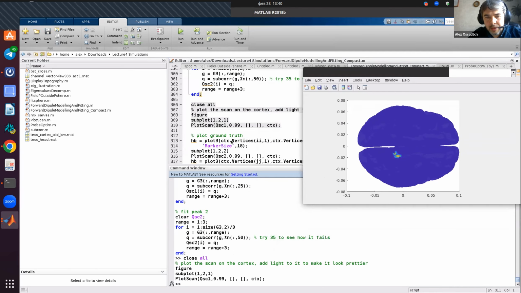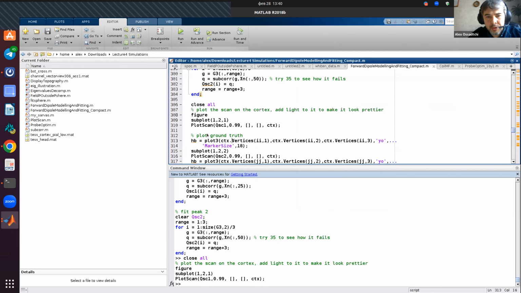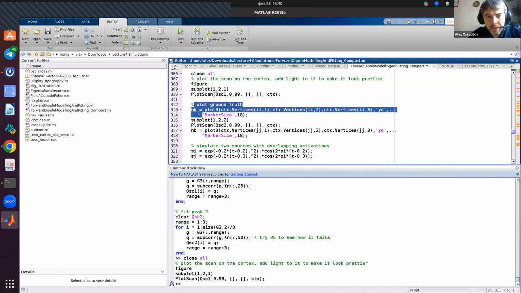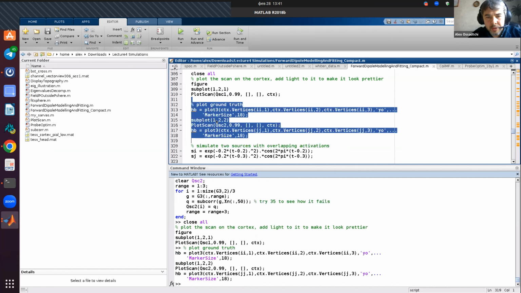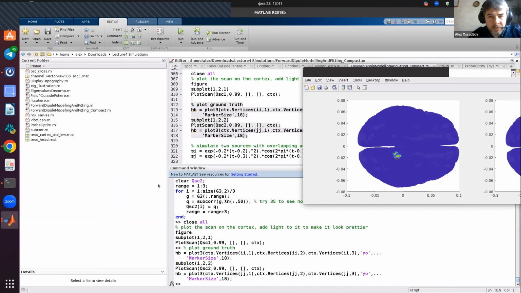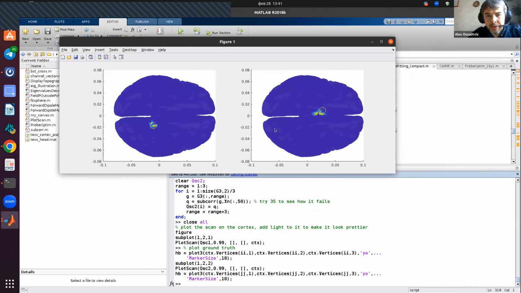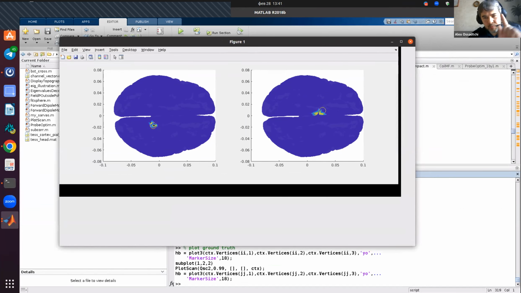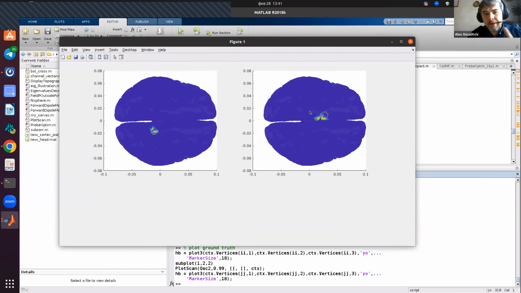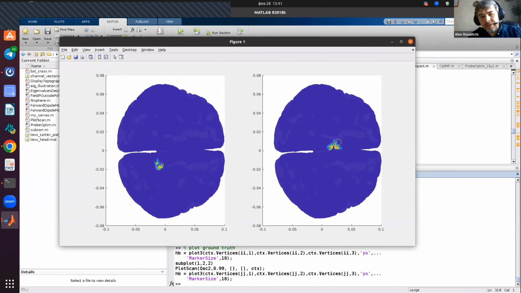Then show the ground truth. Sorry, I'm not using this plot, but anyway, let me show you the ground truth. Okay, and so yeah, there are two of them here. So this is when you've manually chosen peak one and manually chosen peak two, then thresholded, and yes, you found it.